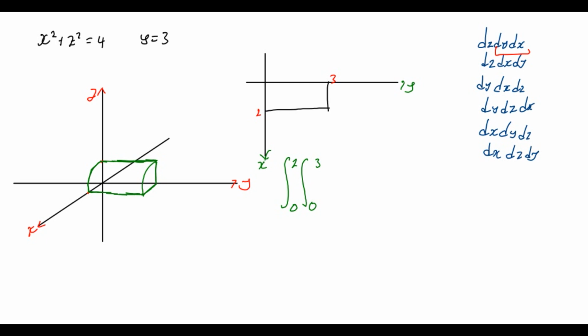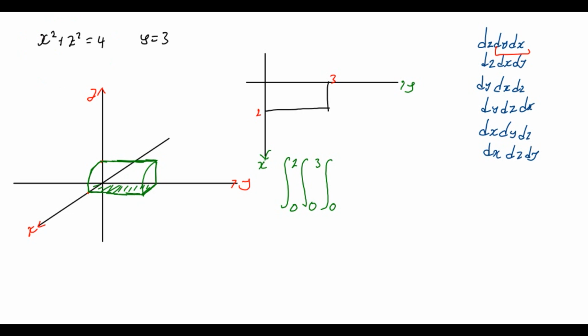Then the other part, this is our z now. The z is the innermost. For the z, this bottom part is our base. Then the furthest we can go up is limited by this curve here.